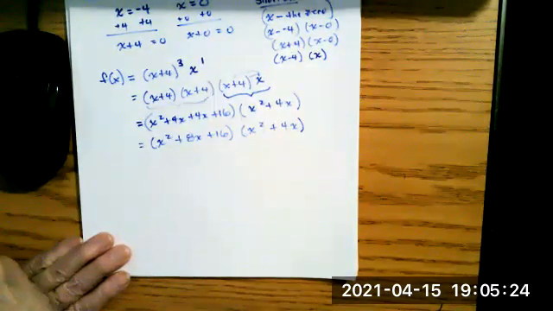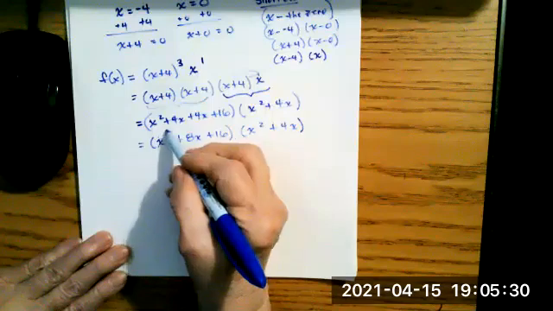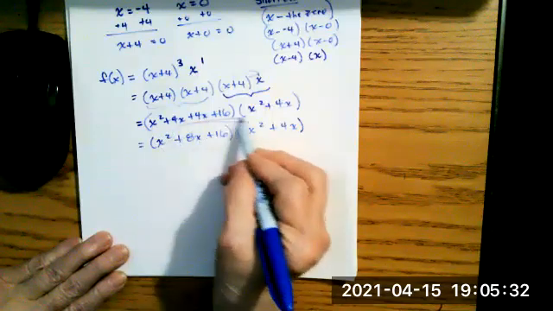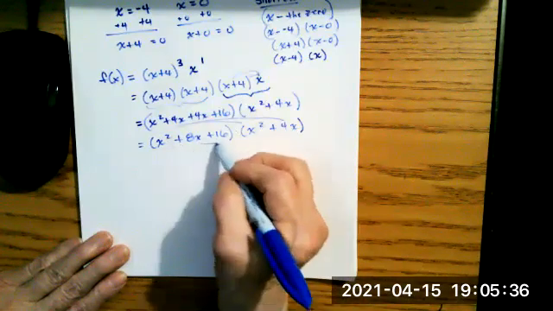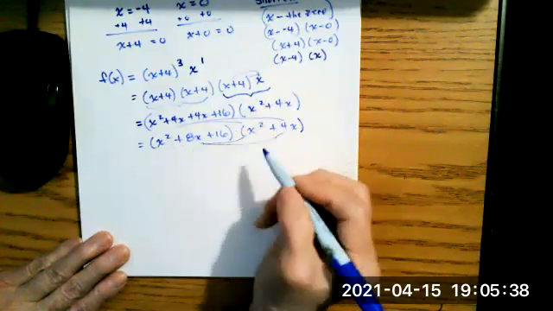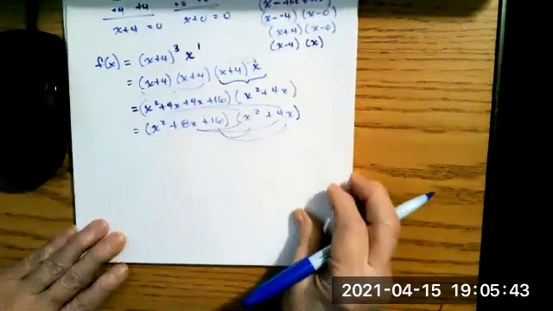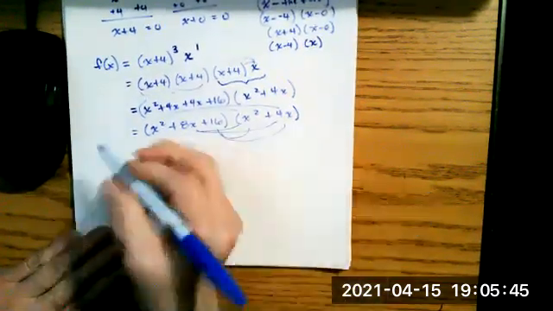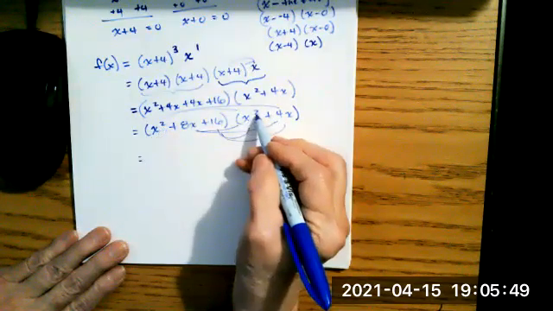Now, I hope you can remember how to multiply a trinomial times a binomial. You just take this x squared and you multiply it by everything that's over here. When you get through, take the 8, multiply it by everything. Then you multiply the 16 by everything. That's what you're going to do. You're distributing it. So the first time is x squared times x squared.